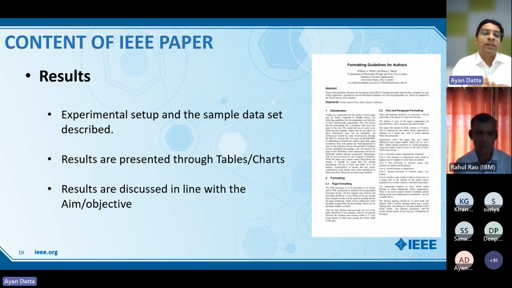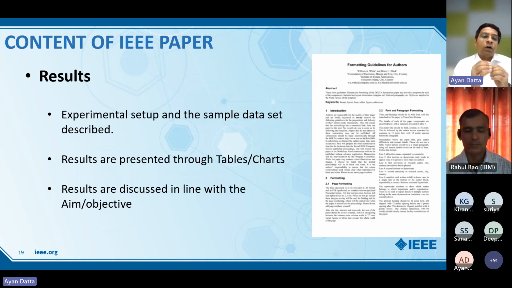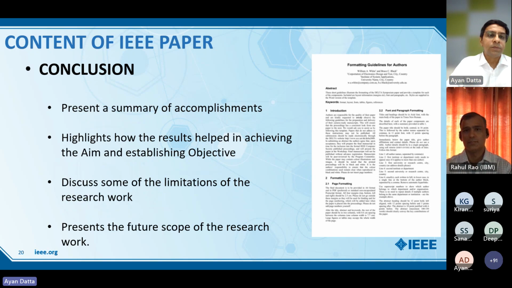This is what an author should be writing, rather than just discretely mentioning here 10% improved, there 5% degraded. Again, the story needs to be put in place, showing how the results tie up to the aims and objectives. Otherwise, it doesn't really help the readers as well as the reviewers.